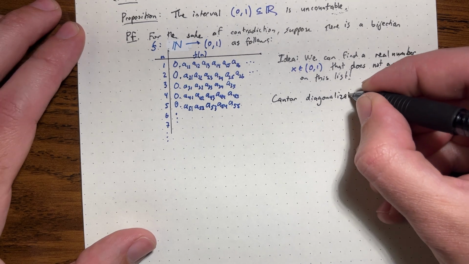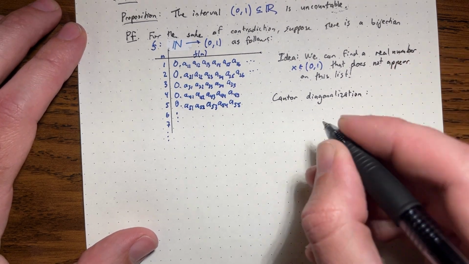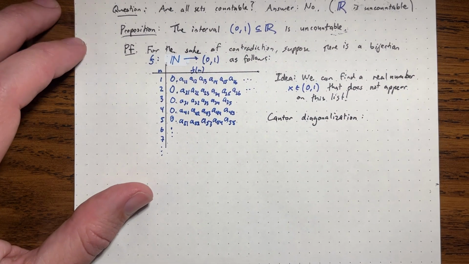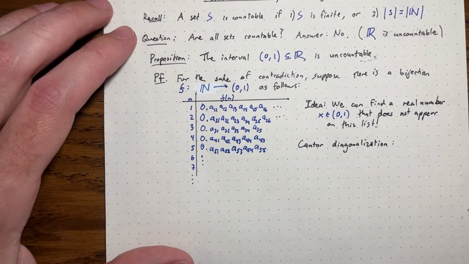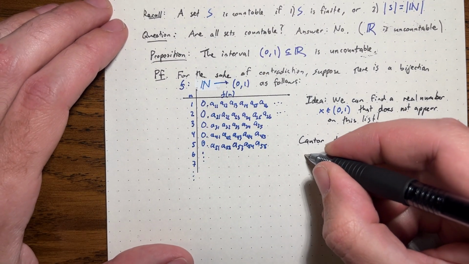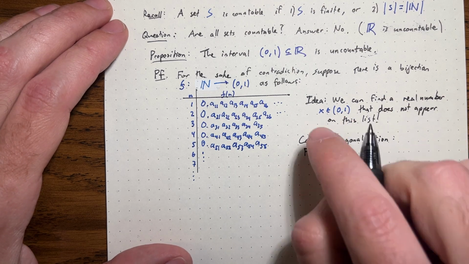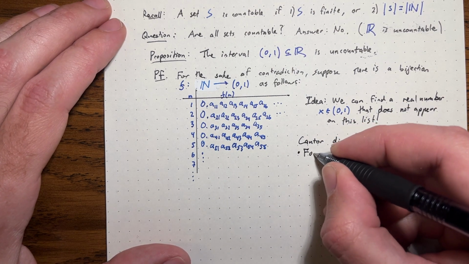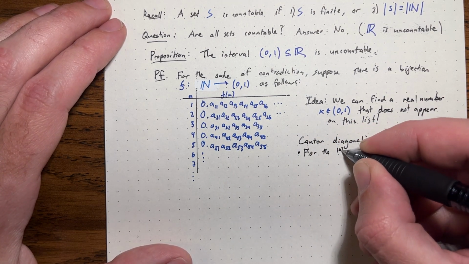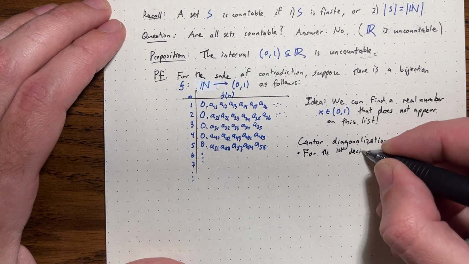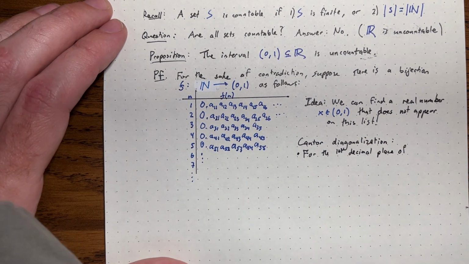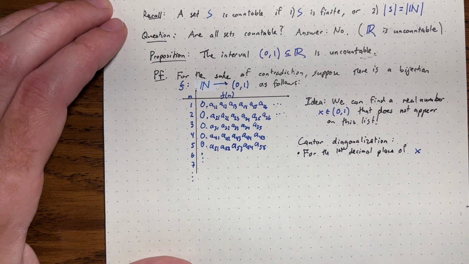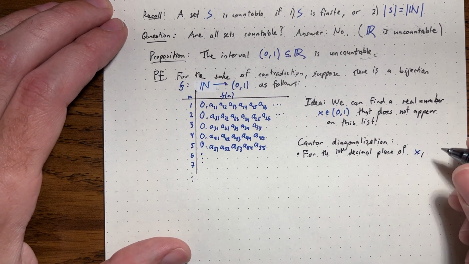So the way it works is, you're wondering, what is diagonalization? So you go down the diagonal in this picture. For the first decimal place of this number x that I'm building, what digit am I going to choose?